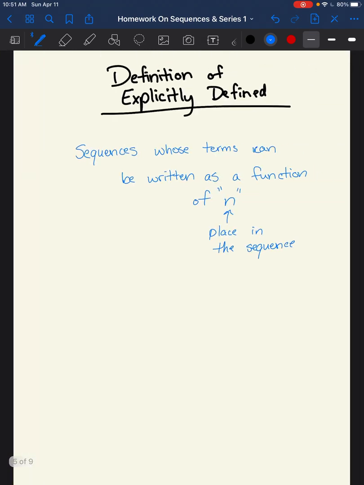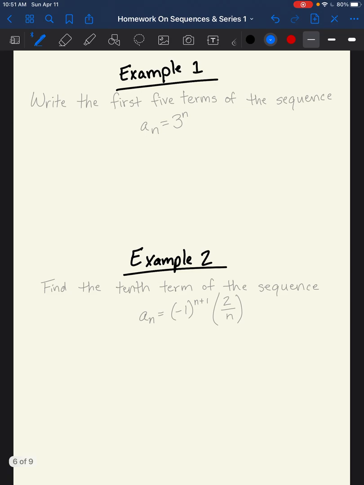Okay, so let me go ahead and show you some examples of that. So this first example, example 1, says write the first 5 terms of the sequence A sub n equals 3 to the n. Okay, so this is my explicit definition. A sub n equals 3 to the n. And if I want to find the first term, all I'm going to do is plug in 1 into this part of the formula right here, this 3 to the n. So 3 to the first is just 3, okay?